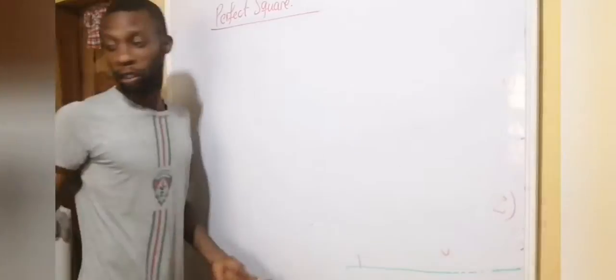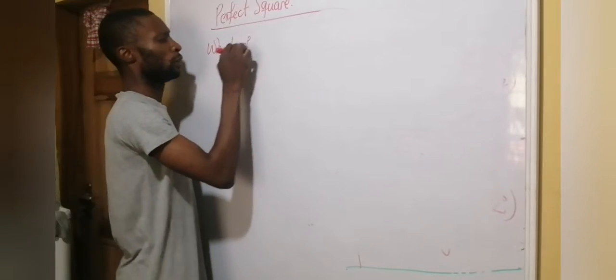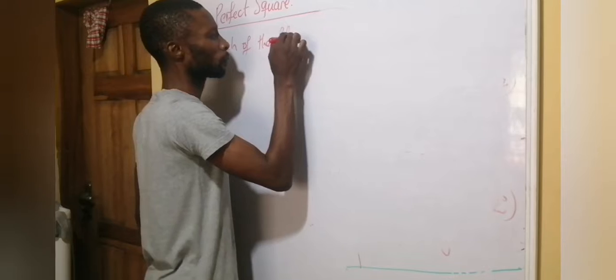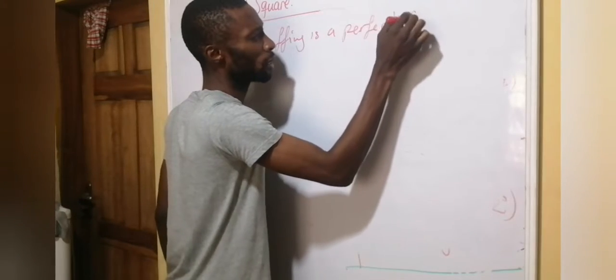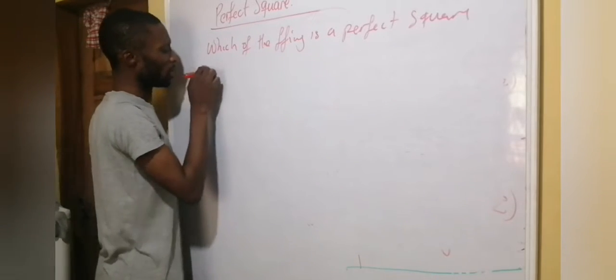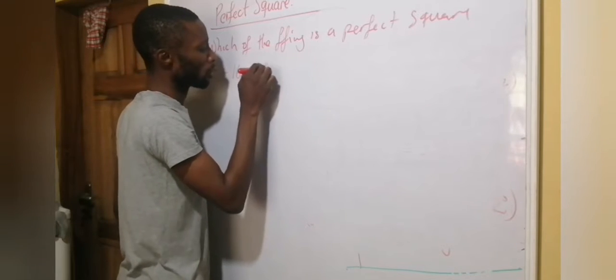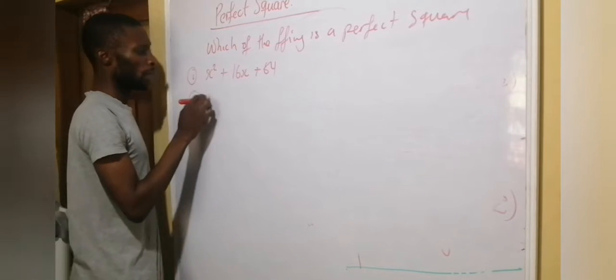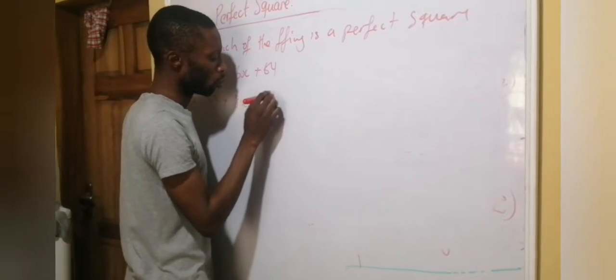Which of the following is a perfect square? Let's see some examples. Number 1, x squared plus 16x plus 64. Number 2, x squared plus 8x plus 32.